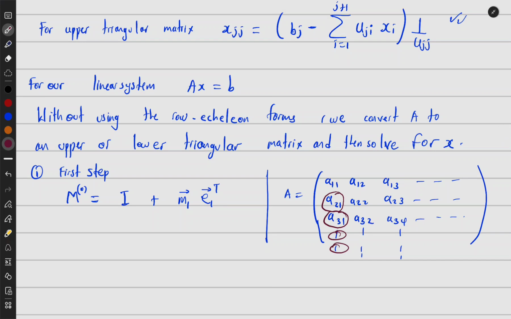So this is equal to, where I, we all know I, it is the corresponding identity matrix, the corresponding identity matrix basing on the size of A.